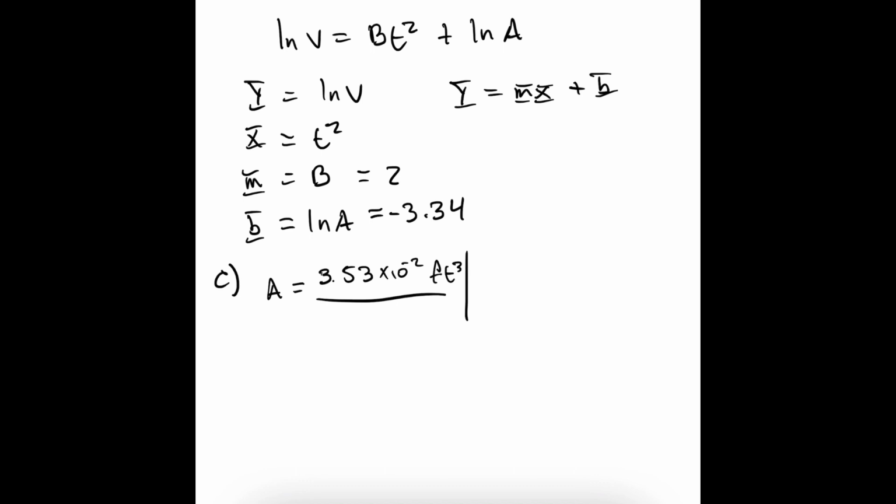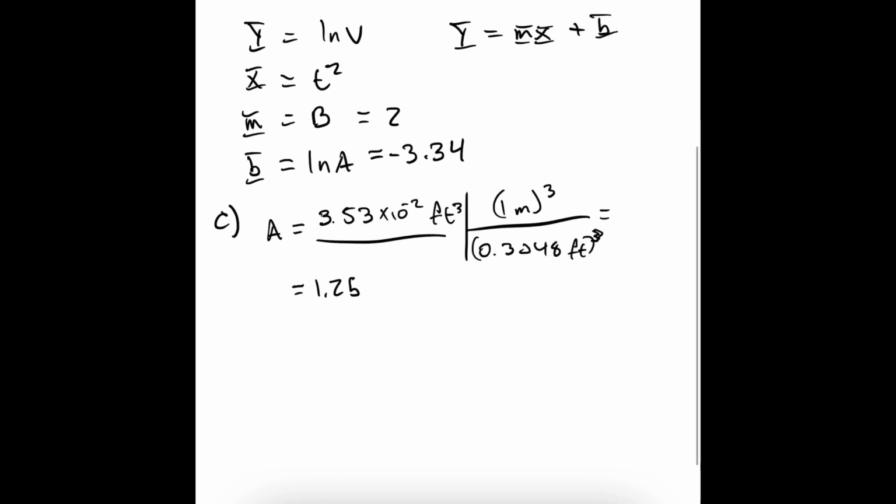Feet cubed. How many feet in a meter? That's 3.28 feet in 1 meter. So A equals 1.25 meters cubed, and B is 2 per hour squared.